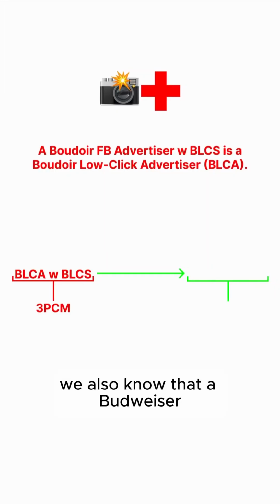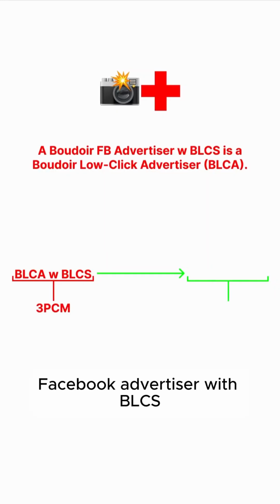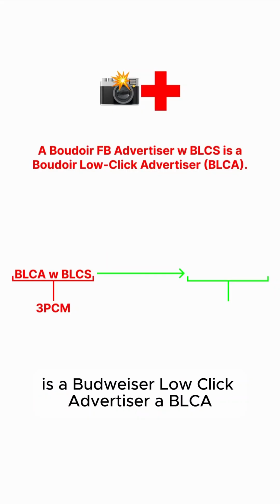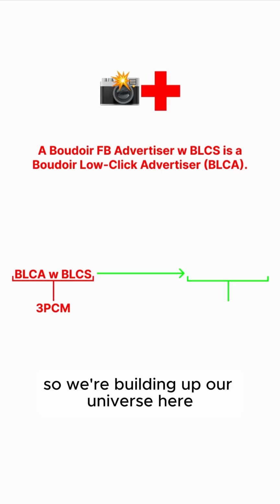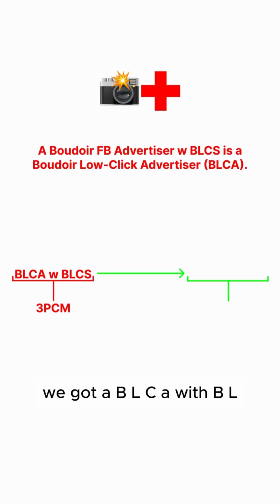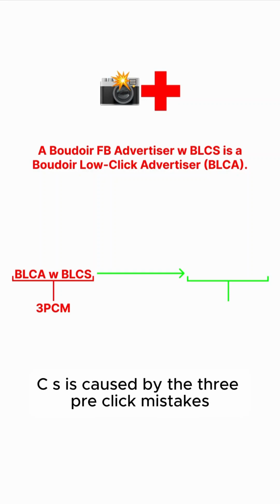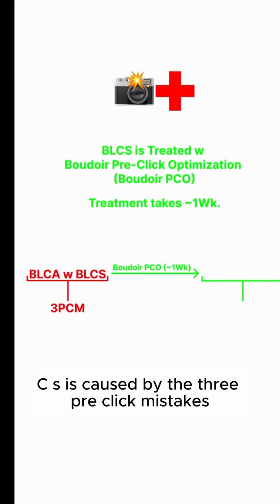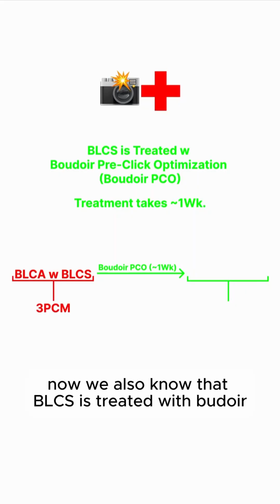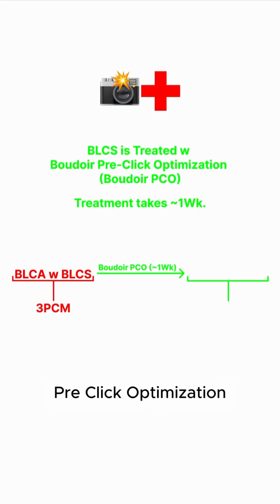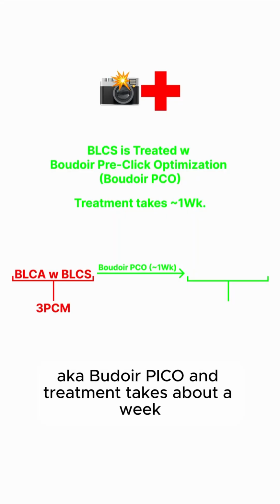We also know that a boudoir Facebook advertiser with BLCS is a boudoir low-click advertiser, a BLCA. So we're building up our universe here. We got a BLCA with BLCS caused by the 3 pre-click mistakes. Now, we also know that BLCS is treated with boudoir pre-click optimization, aka boudoir Pico, and treatment takes about a week.